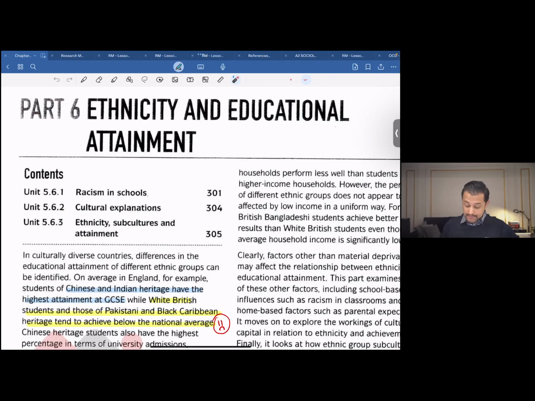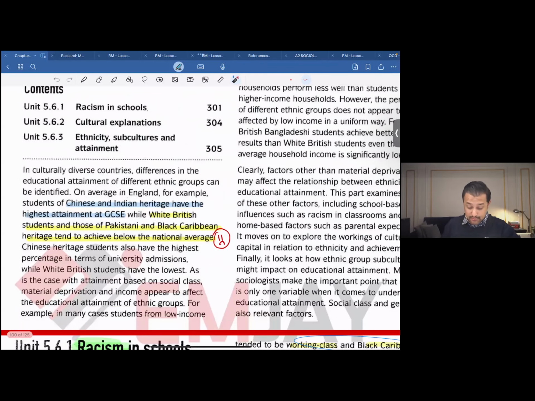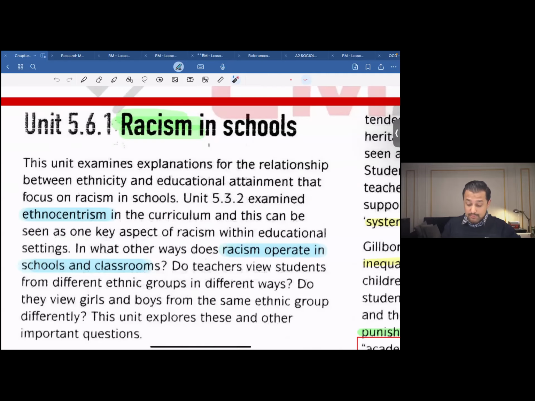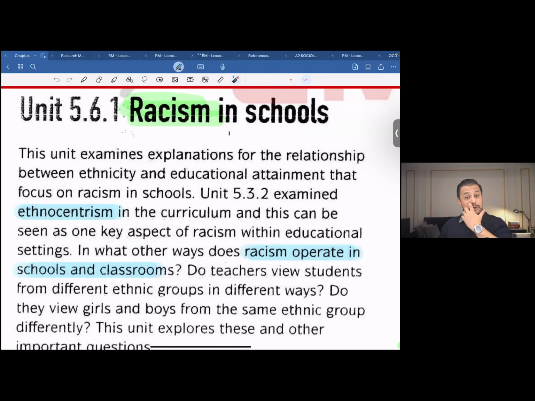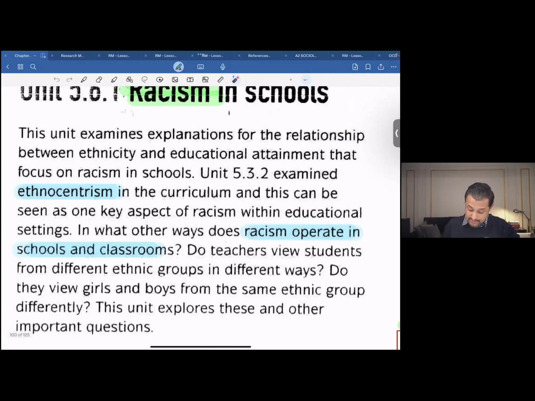Now, before we proceed with racism in schools, or the extent to which racism within schools affects educational attainment of pupils, I'd like everyone to note down that there are five different studies that we'd be discussing here. Number one, the study conducted by Gilborn and Youdell in the early 2000s.